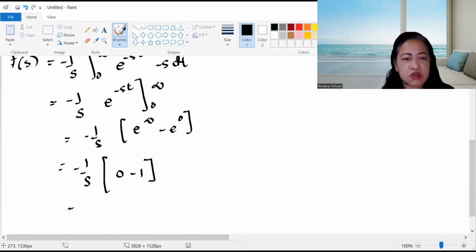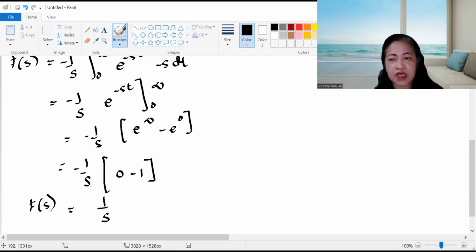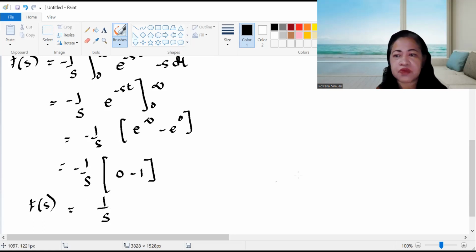So that will become 1 over s, which is your function in the S domain.